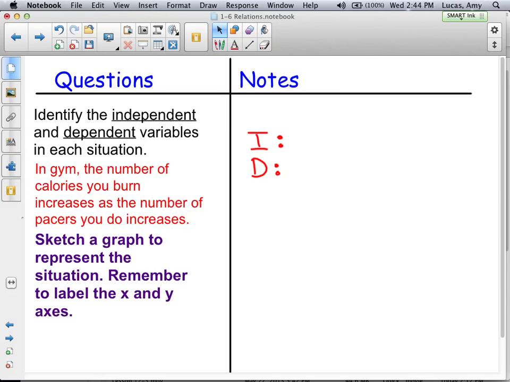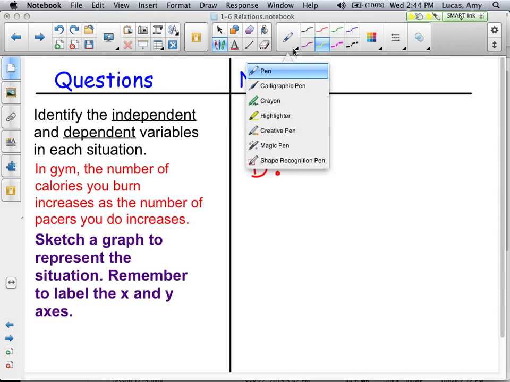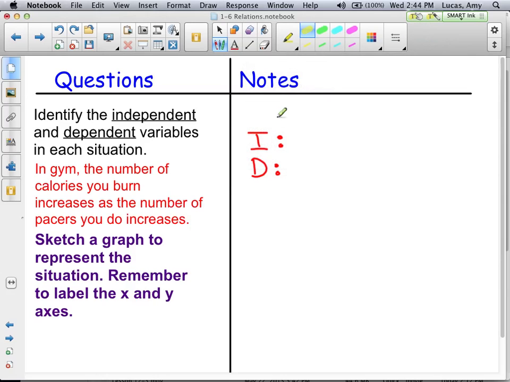Let's think about what our variables are. What are the two different things that we're talking about here? We're talking about the calories you burn, and the number of pacers that you do.